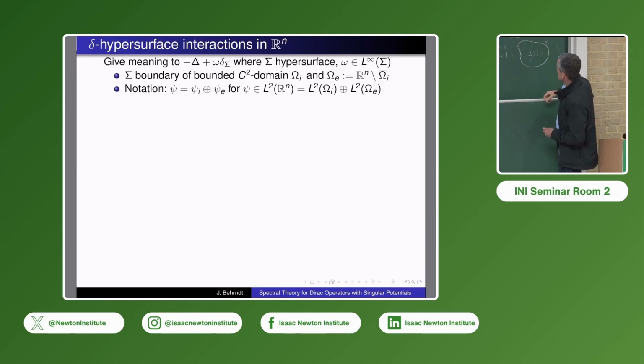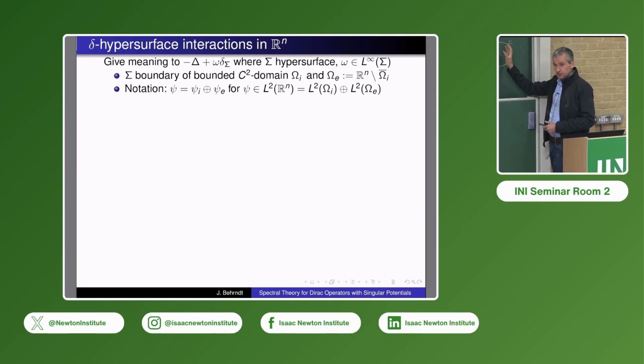The idea is basically we split the Euclidean space into two parts. There's a bounded part, omega interior. There's a complement, exterior domain, omega e, and the boundary which separates these two domains will be denoted by sigma. And for this sigma, we assume it is C2. Sometimes you can relax C2, but sometimes we will even make it C infinity.